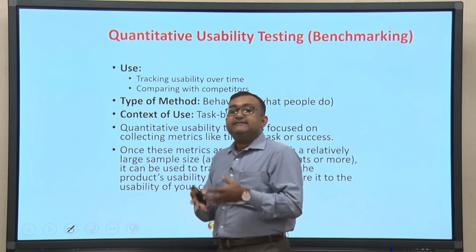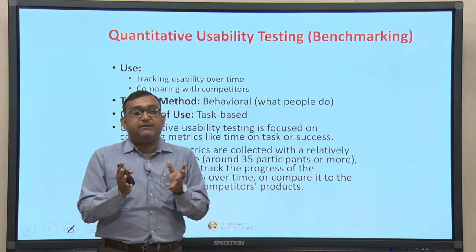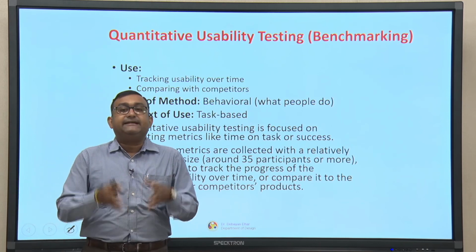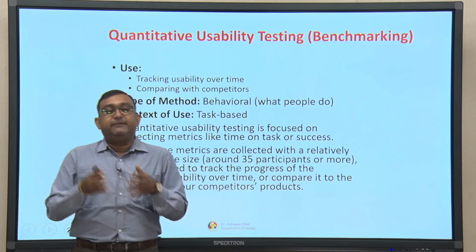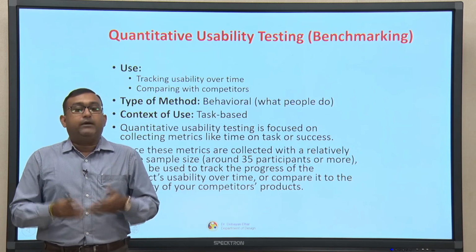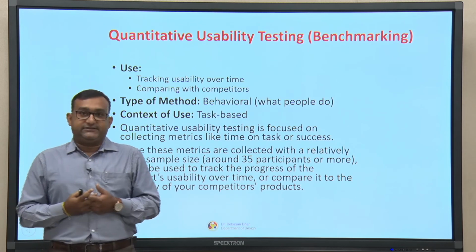Once these metrics are collected with a relatively large number of samples, around say 30 or 35 participants, it can be used to track the progress of the product's usability over time, or compare it to the usability of your competitor's products.